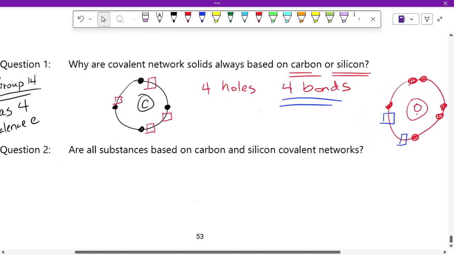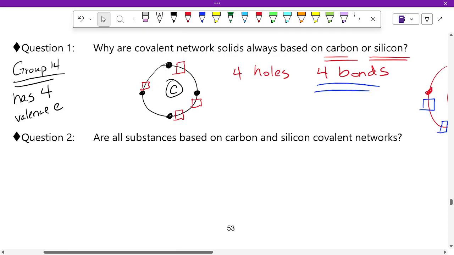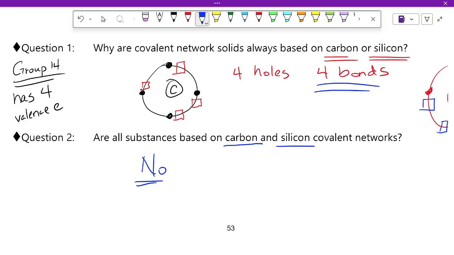Are all substances based on carbon and silicon covalent networks? There's carbon dioxide. No. Is that good?